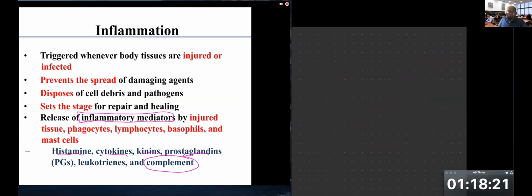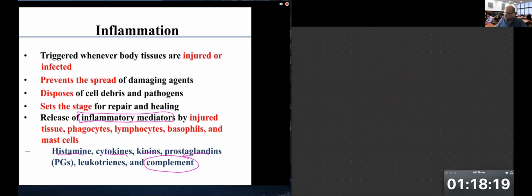So if you remember, we did mention a few cardinal signs of inflammation. Those were, if I'm describing my joint, which is inflamed, my eye, my skin, what are the cardinal signs of inflammation?